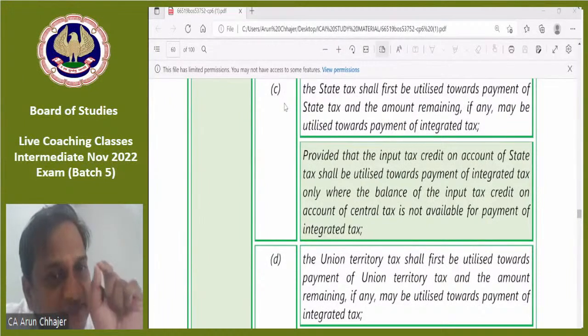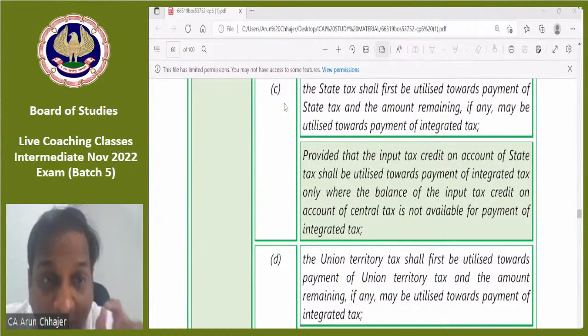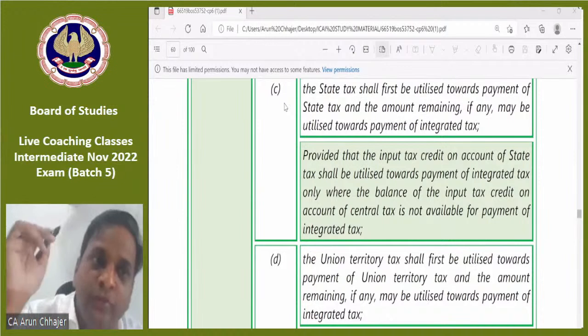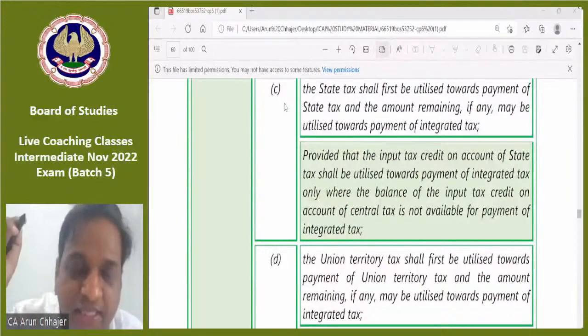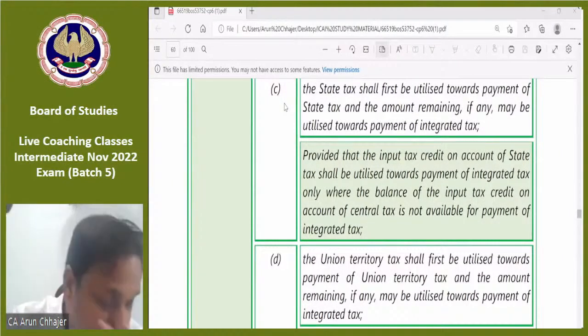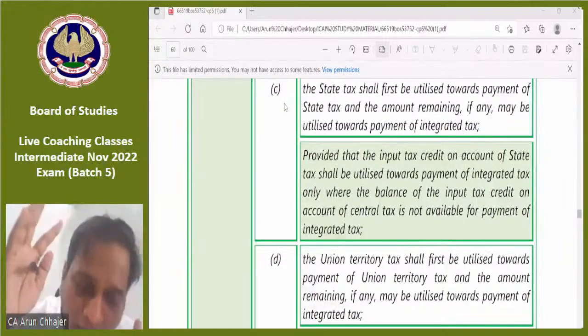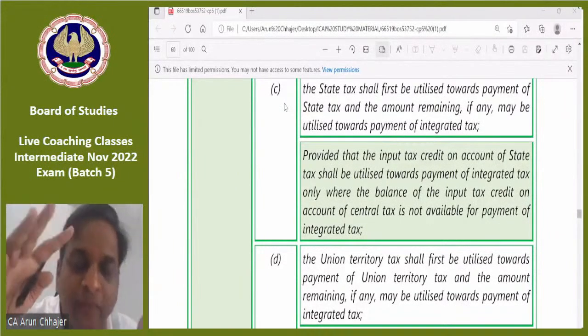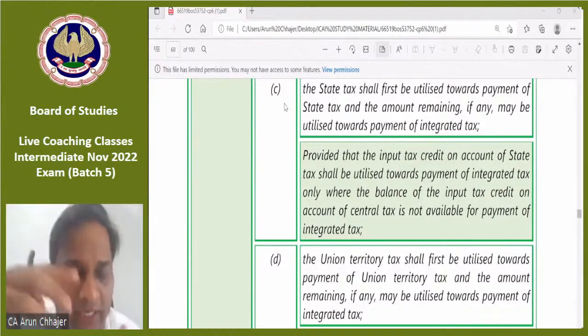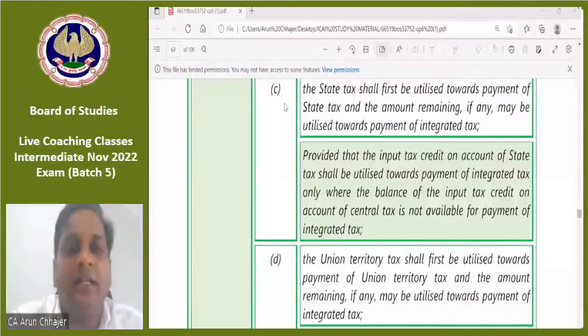The balance is 6,000. Now assume there is 10,000 in CGST and 10,000 in SGST. So now my point is, IGST will take the amount first from C, first from S, or in any manner he can take.